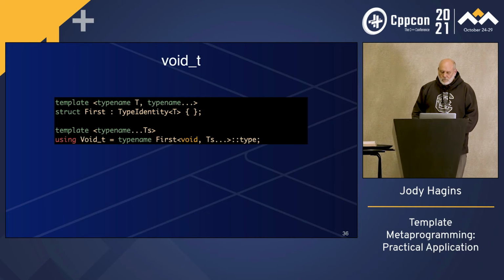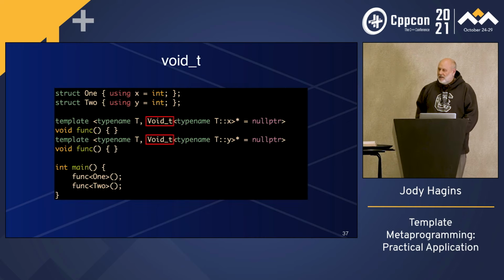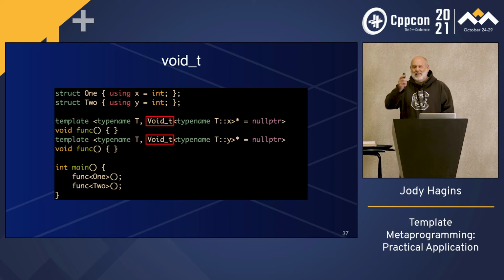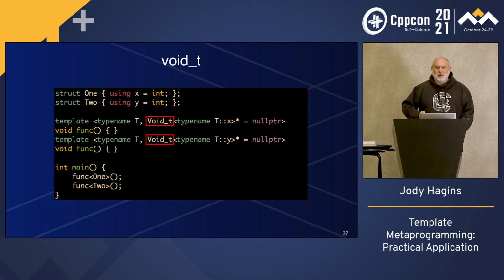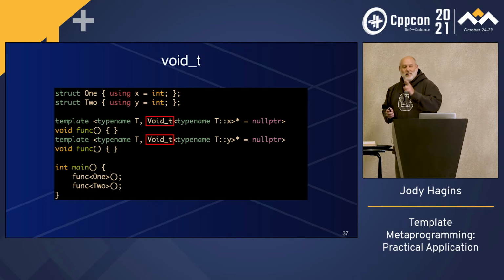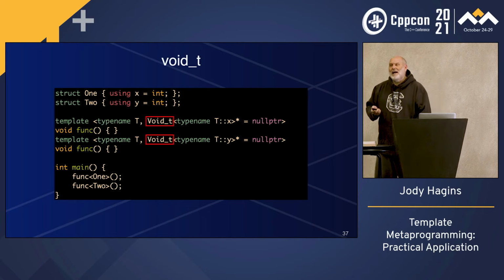And if we do that, this is the exact same as the first example, except where std::void_t was, now we've got our void t. That's the only difference between this and the original example. But there is one other major difference, and that's that now the code compiles and it works exactly as you would expect it to work.